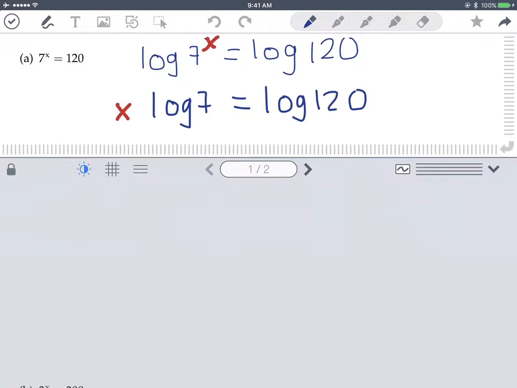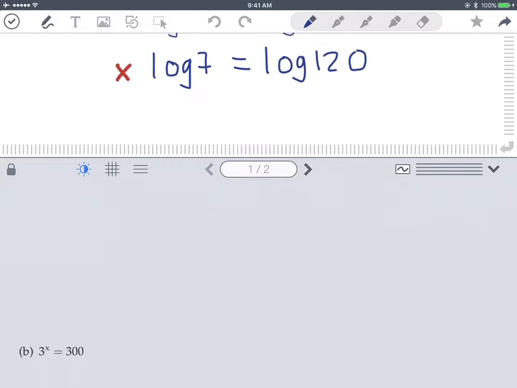In the previous example, I calculated the log of the base 7, which is a decimal, and I copied it here. The log of 120 is also a decimal. But that leads to a little bit of miscalculation because we are approximating twice when we copy those numbers.